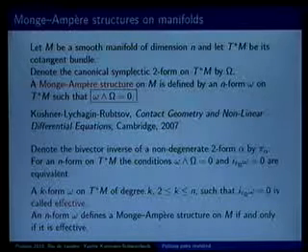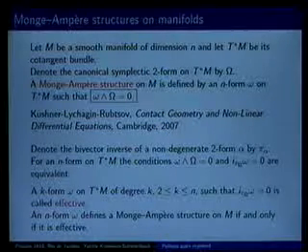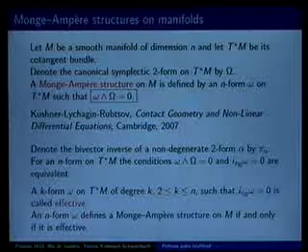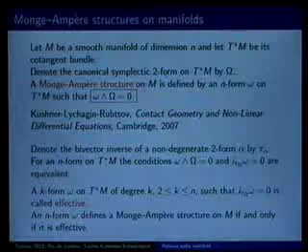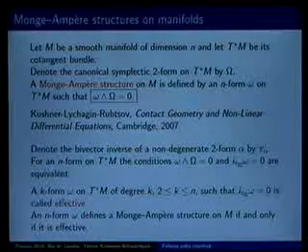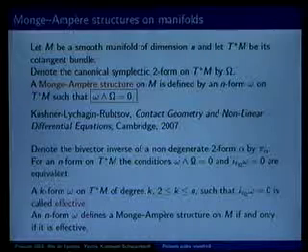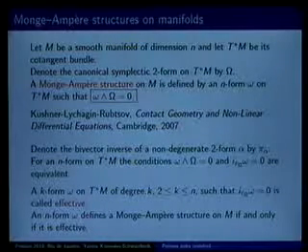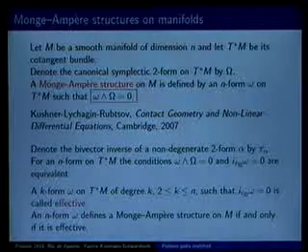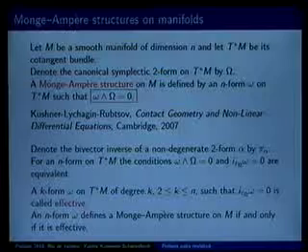This definition is equivalent to this one, in which pi sub omega denotes the bivector inverse of the canonical two-form omega. And more generally, a form of arbitrary degree satisfying such a condition is called effective.